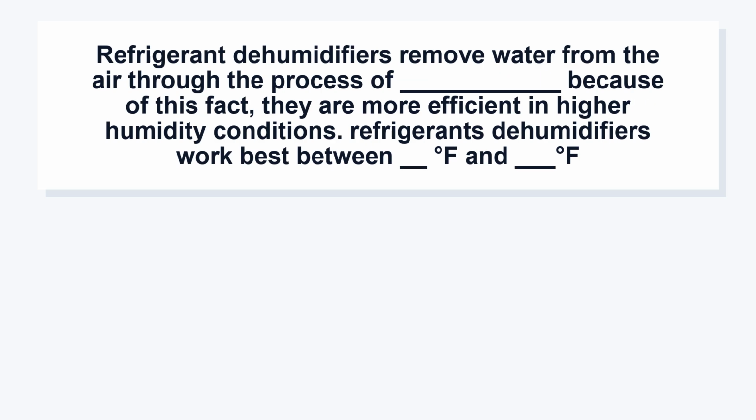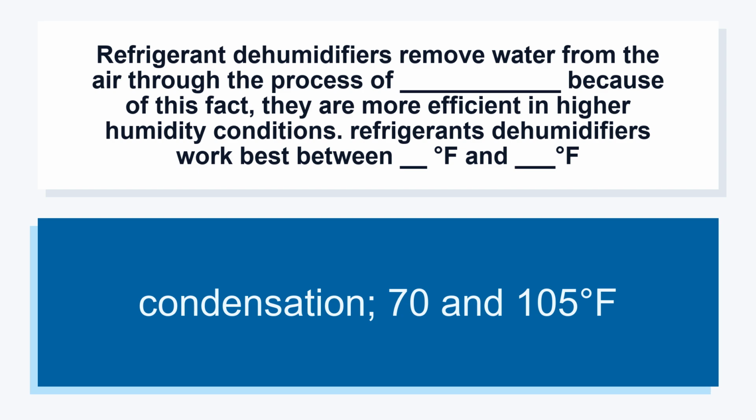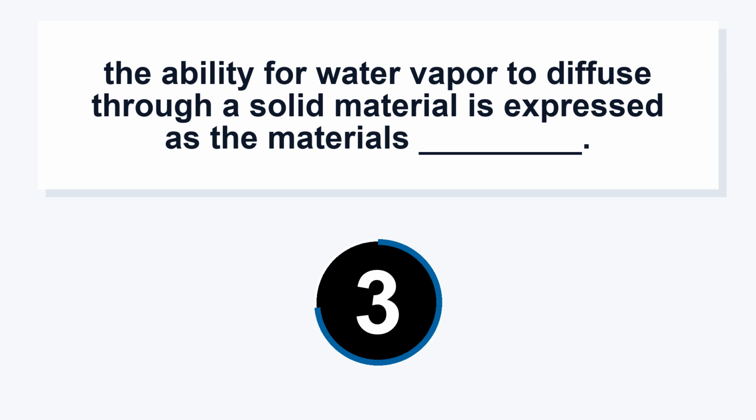Refrigerant dehumidifiers remove water from the air through the process of condensation. Because of this fact, they are more efficient in higher humidity conditions. Refrigerant dehumidifiers work best between 70 degrees F and 105 degrees F. The ability for water vapor to diffuse through a solid material is expressed as the material's permeance.